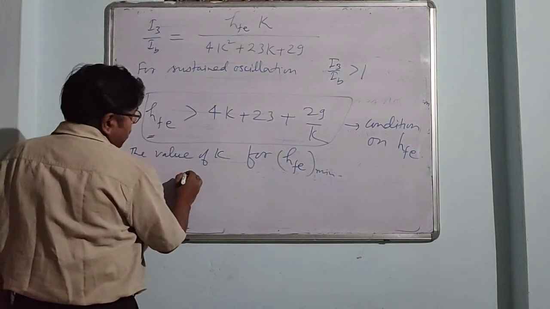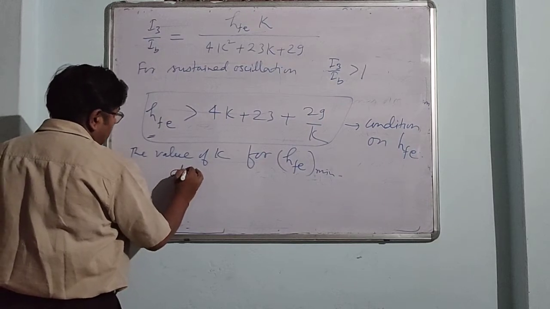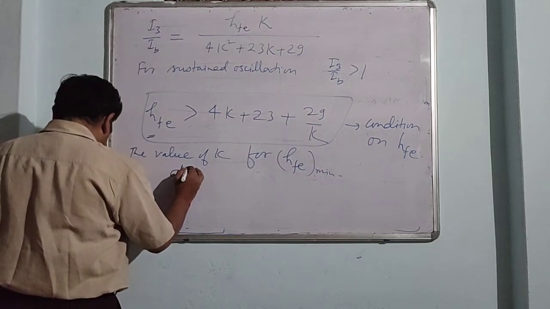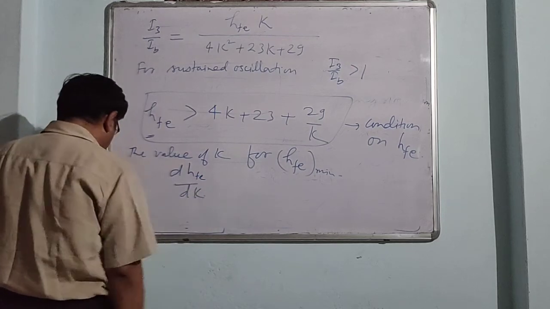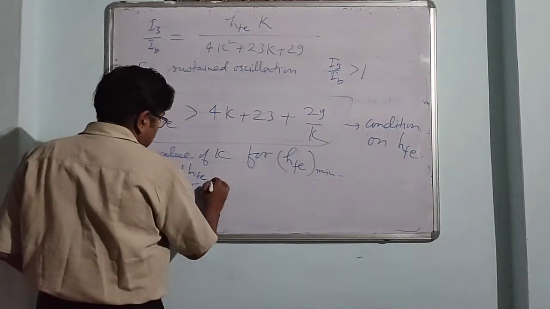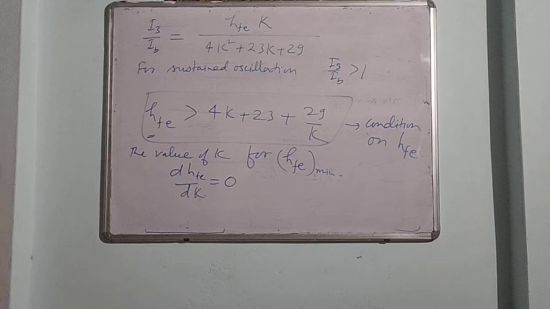Obviously, you know condition of maximum minimum, derivative of this with respect to K, this must be 0 for having maximum or minimum.